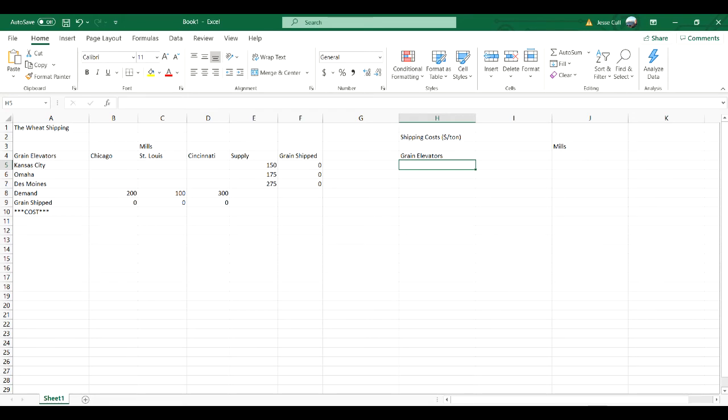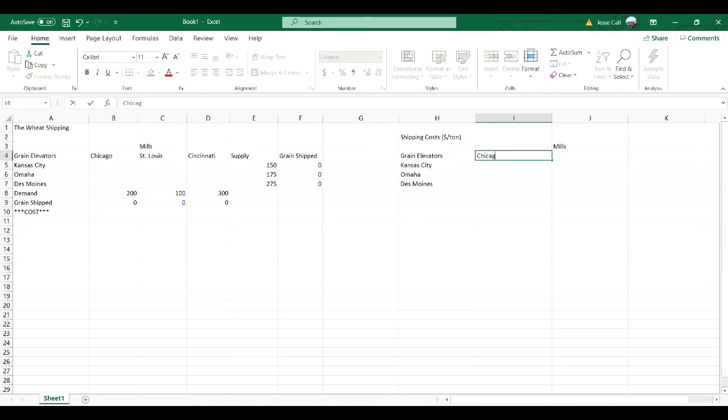As we know, the grain elevators are Kansas City, Omaha, Des Moines. Up here, for our mills, we have Chicago, St. Louis, Cincinnati.